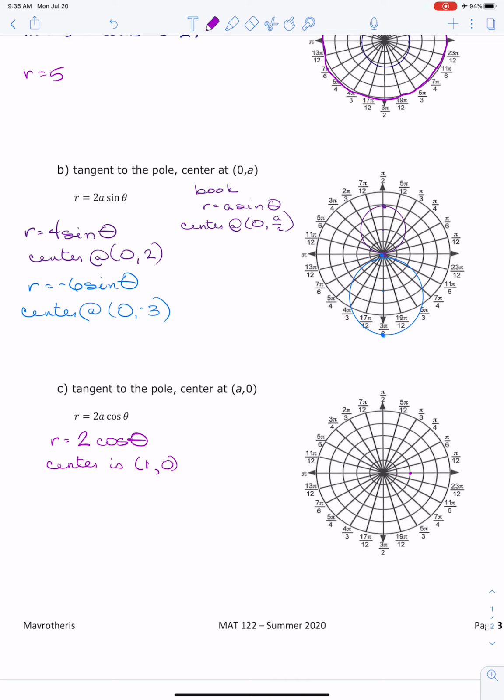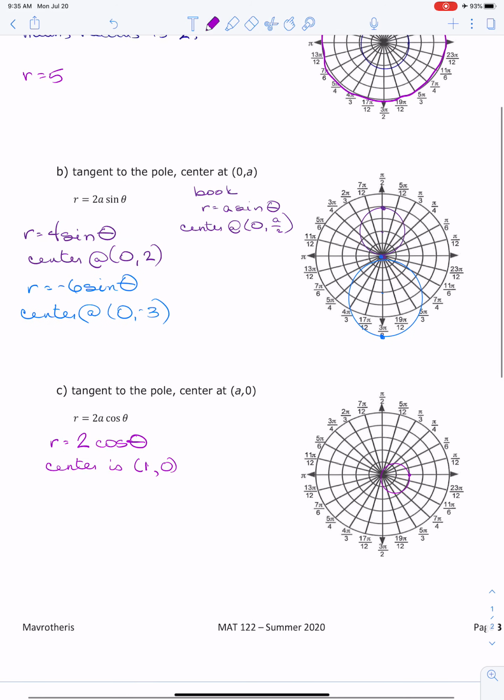I know that this goes out to 2, and I'm looking for the circle. It goes through the pole and 2, 0, and has a center at 1, 0.